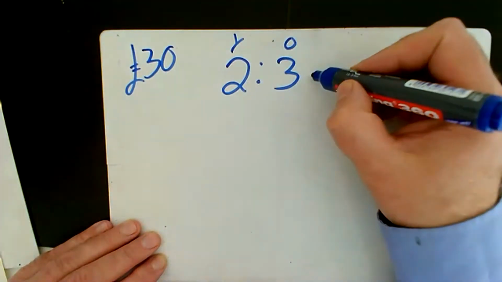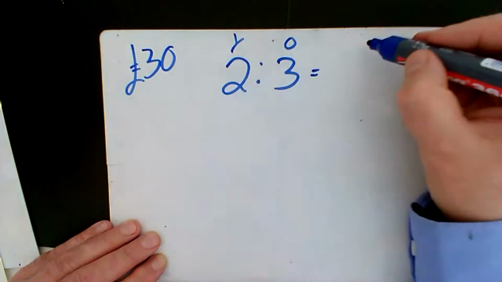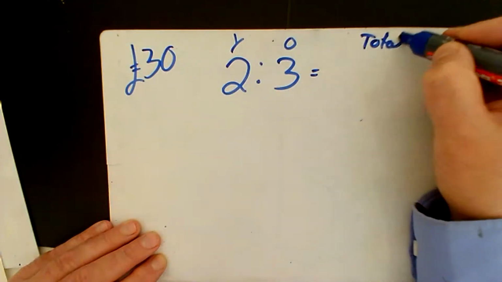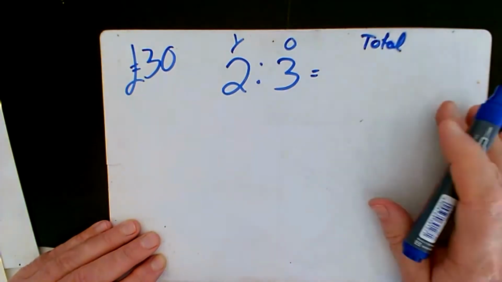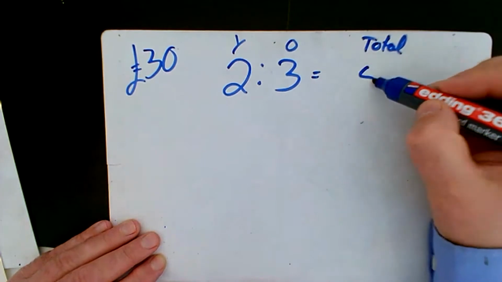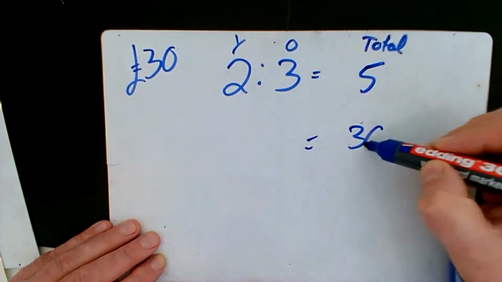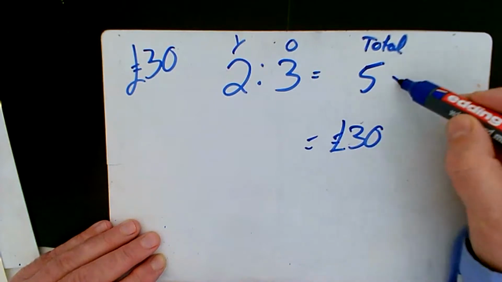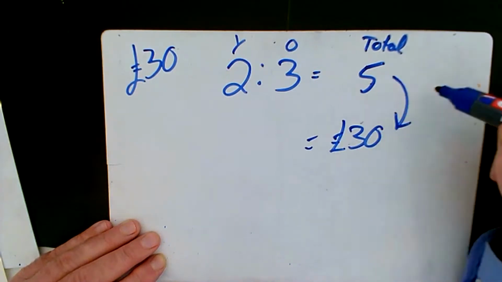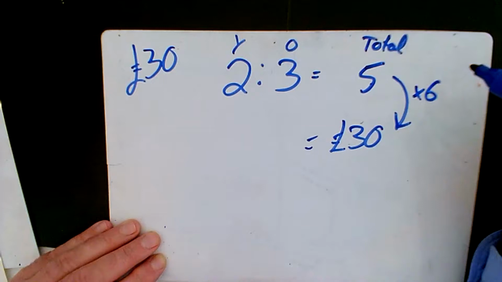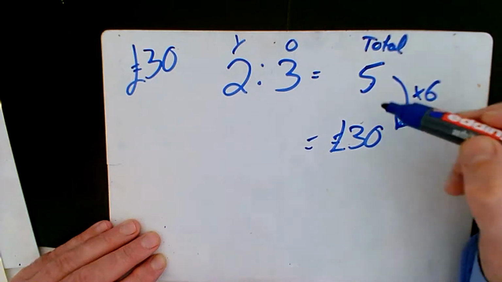The first thing I do is add up my ratio, and it comes to 5. How much money am I sharing? I'm sharing £30. So how am I getting from the 5 to 30? 5 times 6 is 30.